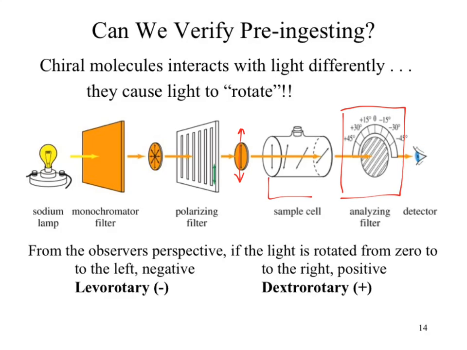It stays exactly straight. Nothing changes. So what's its rotation off the starting axis? 0. Okay? So what happens if it interacts with a molecule and it rotates to the left? Okay? Or it rotates to the right?